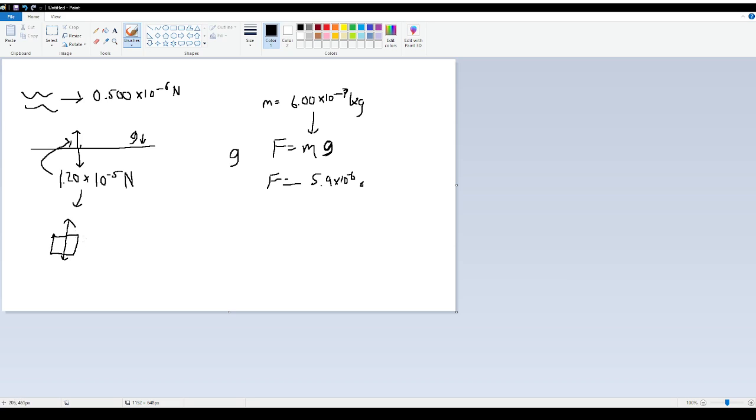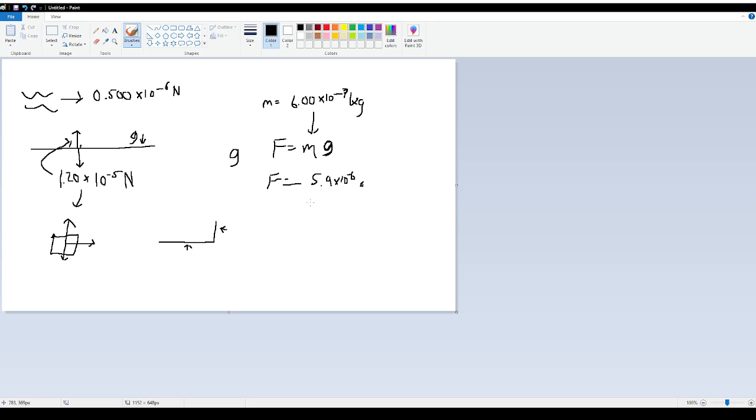Then we have a consistent breeze, and ignoring air resistance, the breeze's force is just the breeze's force. The best thing to do is combine these into one, creating a right triangle where this is our vertical force and this is our horizontal force.